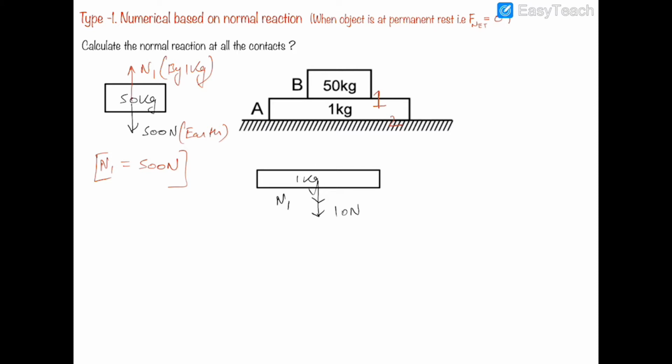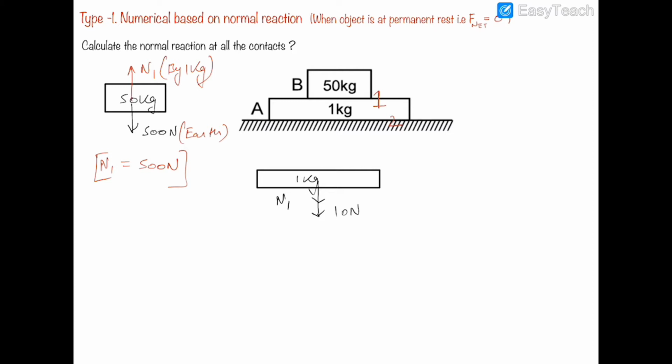It is also due to the fact that the 1 kg block has done some action on the 50 kg block in the upward direction, and the 50 kg block is giving back the reaction to that 1 kg block, which is equal in magnitude and opposite in direction, that is the downward direction.